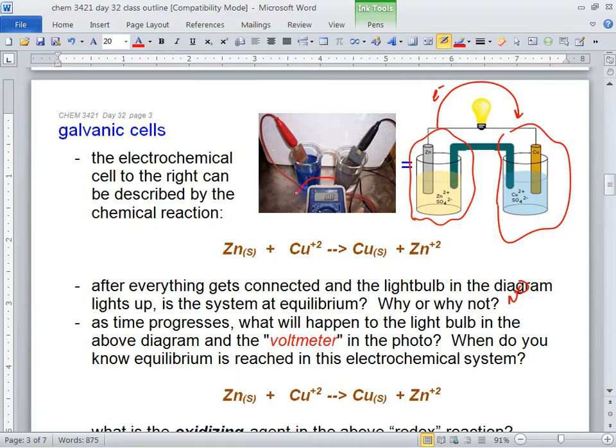Yeah, that thing that reads volts. Can you read it? 1.08 volts is what it reads. So that little voltage number is just going to drop as the reaction progresses. So when do you know when equilibrium is reached? It's dead, right? That's when equilibrium is reached. It's not going to do you much good.